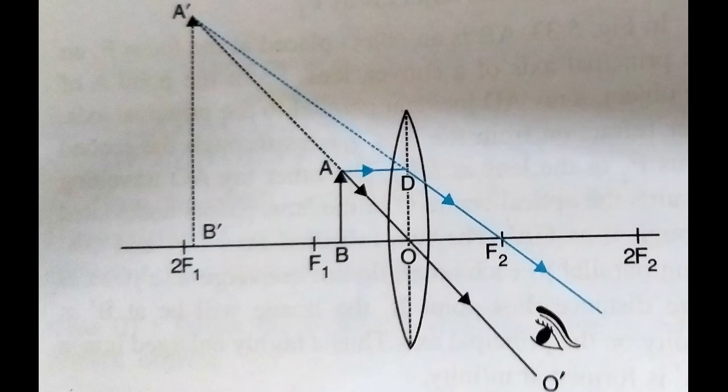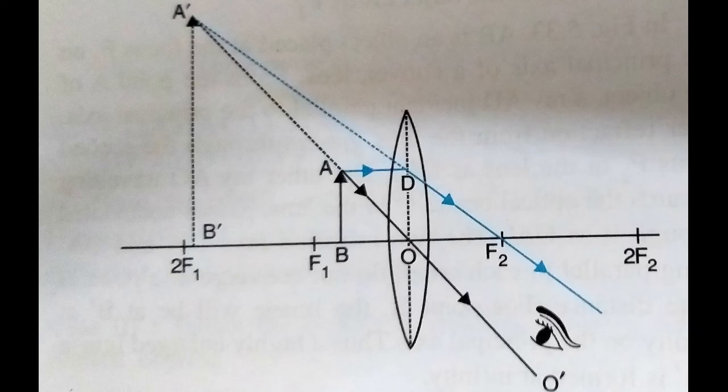Now you can see this is the most common use of convex lens, a magnifying glass, and this is the only case where convex lens forms virtual image. Right now, in all the 5 cases that we have already done, all the images formed were real.